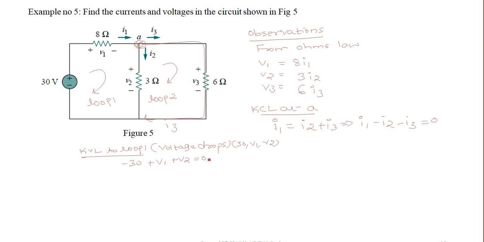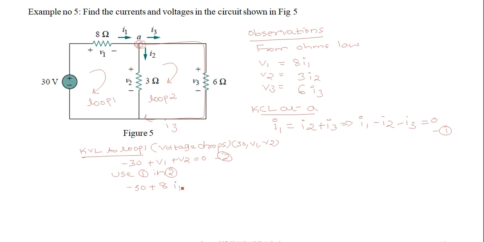And if you rewrite this in terms of current, so that we will get minus 30 plus what is V1?